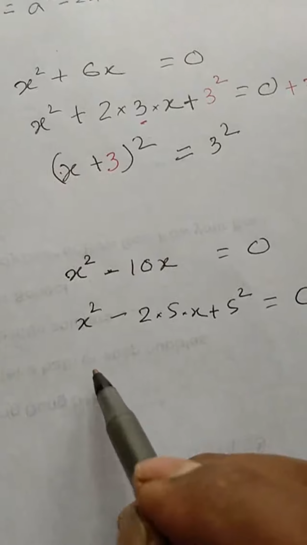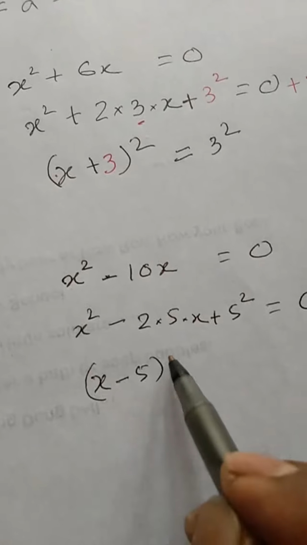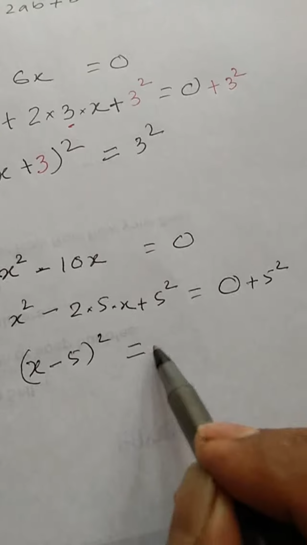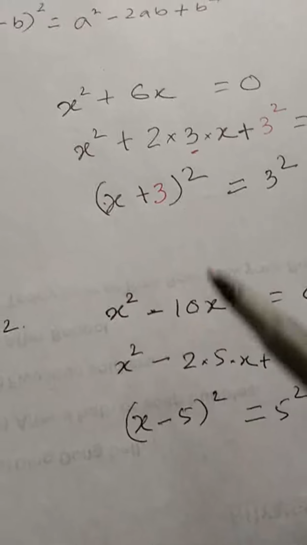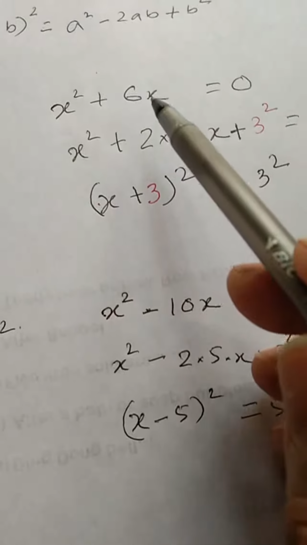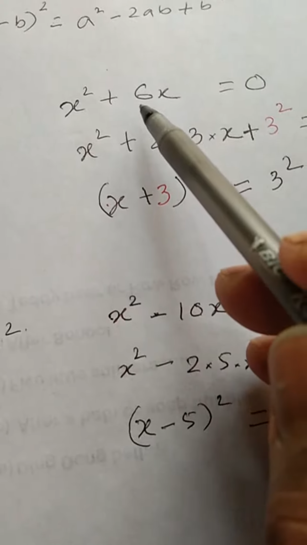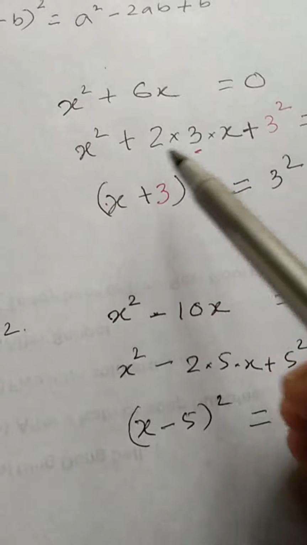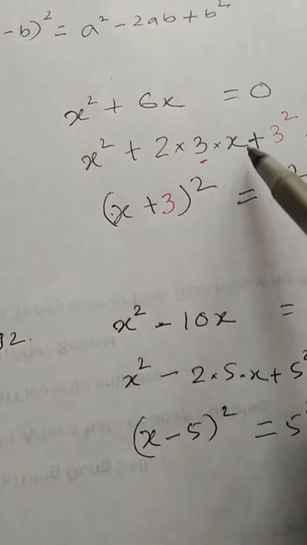Now in place of this we can write x minus 5 whole square, and the right side is 5 square. So this way the term which is with x will have to be converted into 2 into some number, so that we can use it as the 2ab pattern.